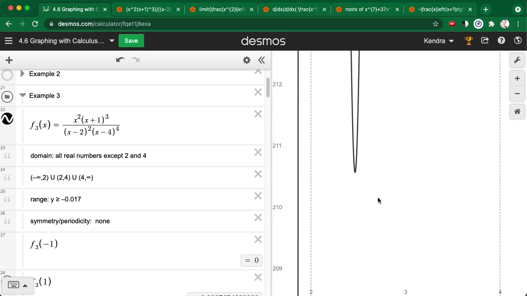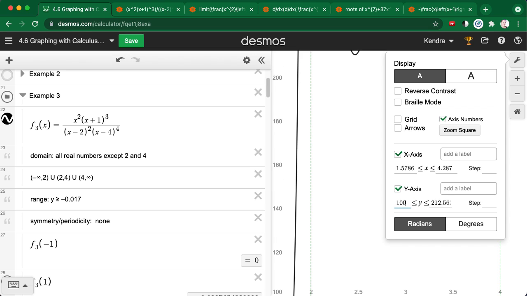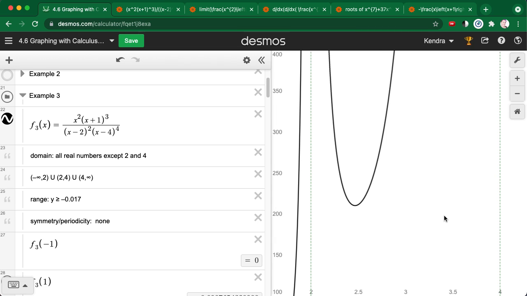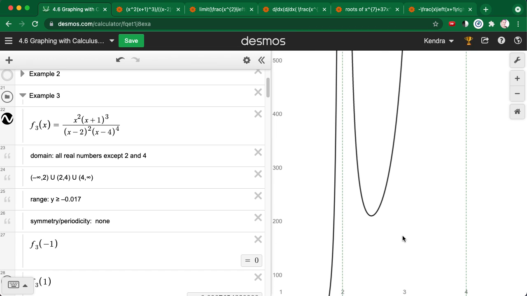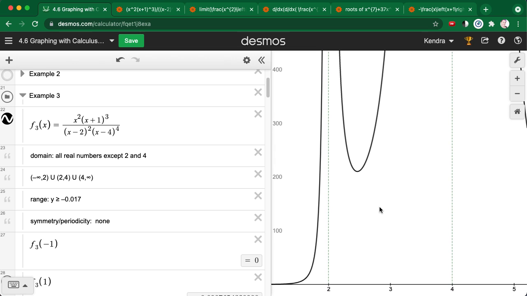I don't know, I have no idea. But there's that little dip that comes up. Maybe I wanted to expand more of that, so let's go 100 to 400. There, that shows that picture. Even going from 0, we can see that picture coming up.